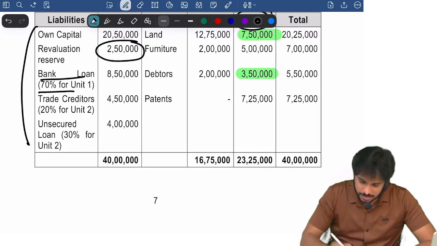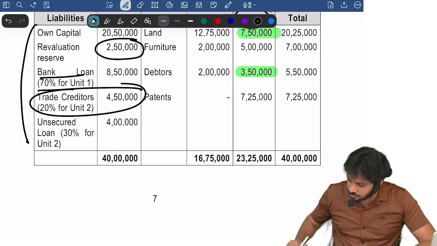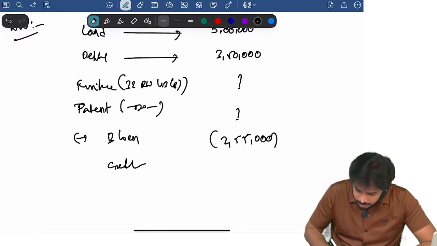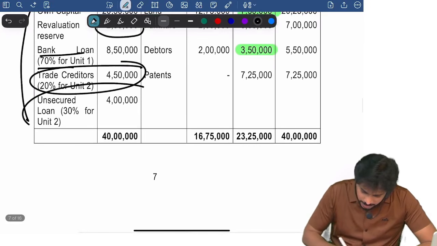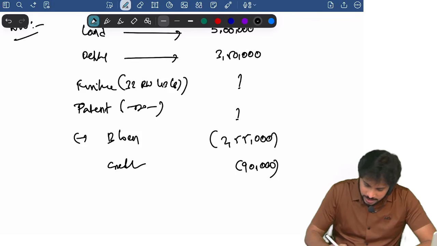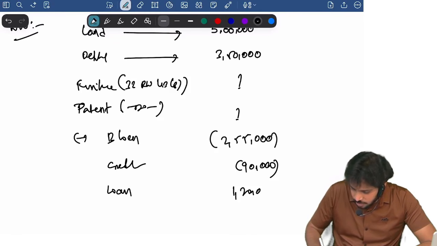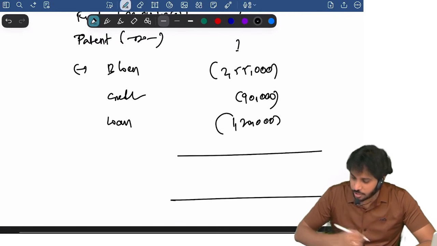Yes or no? Then trade creditors, 4 lakh 50,000 into 20% pertaining to unit 2. How much is that? 90,000. Then unsecured loan, 30%, 1 lakh 20,000 belongs to unit 2. Correct? That's it. Once you compute all this, you will get the net worth.